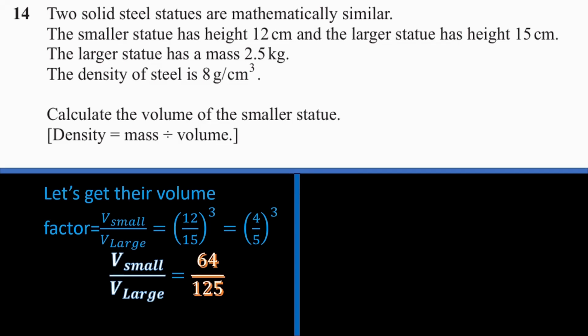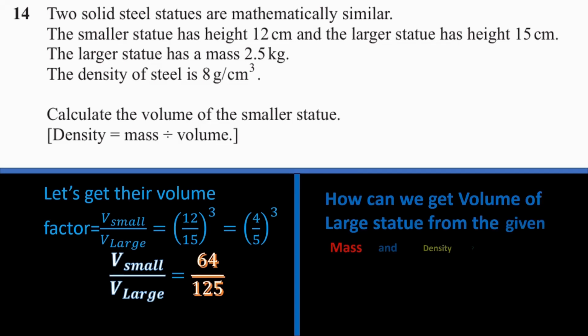So we should be looking at creating a volume factor. And so, how can we get the volume of the large statue from the given mass and density? We are told that the mass of the larger statue is 2.5 kilograms and the density is 8 grams per cubic centimeter.